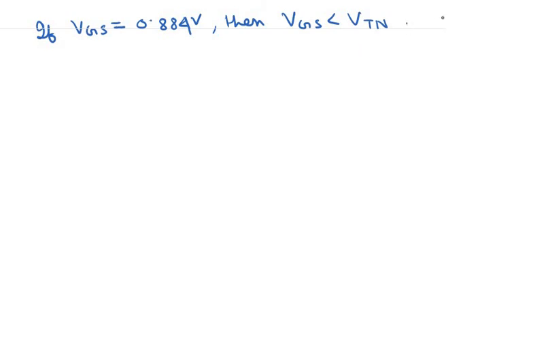So VGS equal to 0.884 volts cannot be the physical solution, because then the MOSFET would be operating in the cutoff regime, so it would not conduct any current.